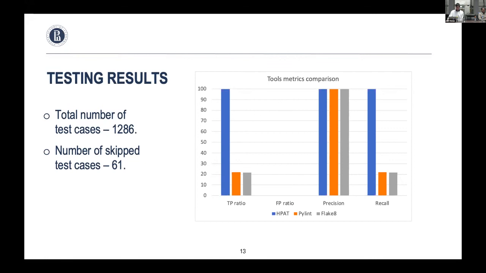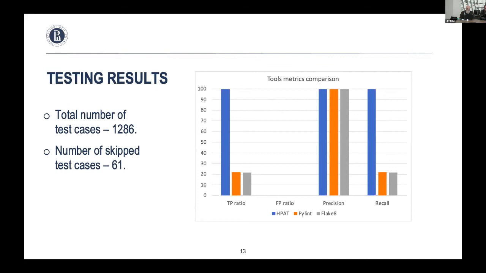PyLint and Flake8 can't. May I help Damir to answer, because I am Gerasimov Alexander and I am the leader of the group where Damir works and where this work was done. So there are two simple explanations why this statistics looks so weird.